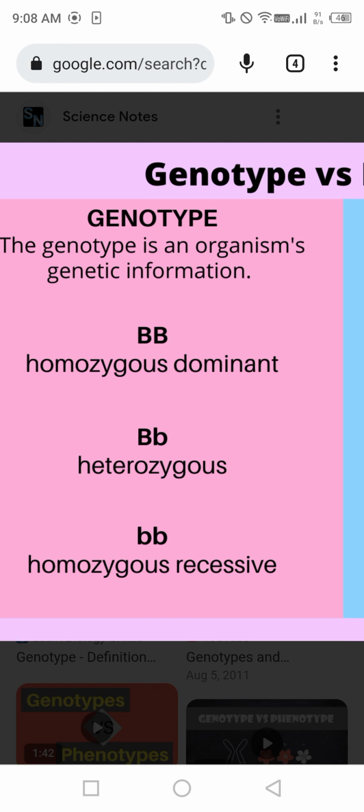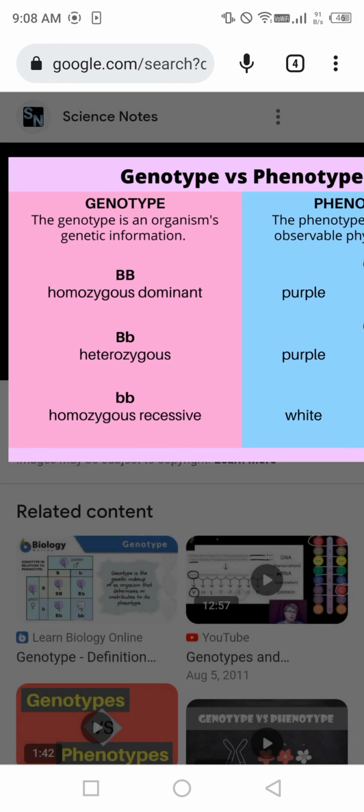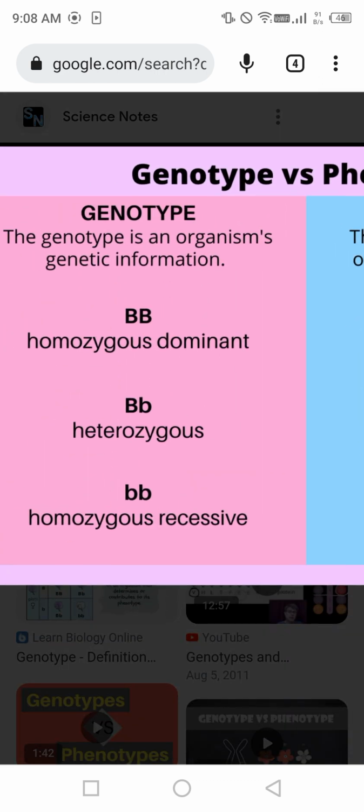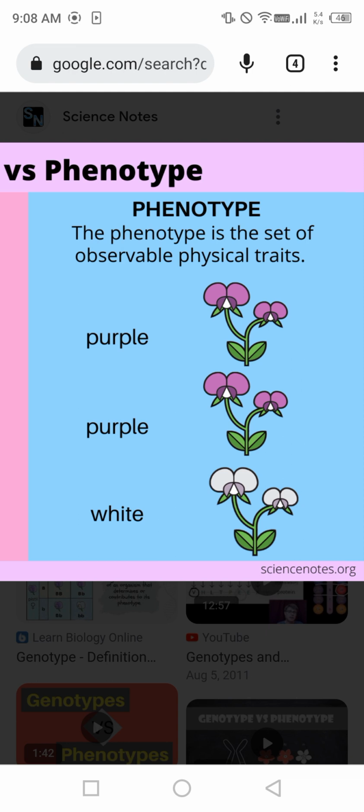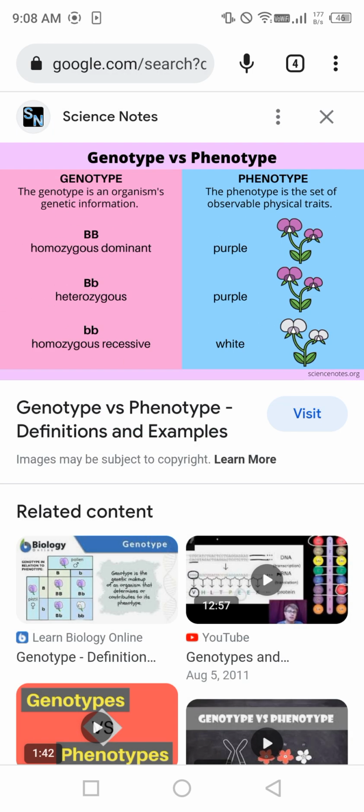If in someone's body the homozygous element is dominant, see what the characteristic or physical trait will be as the external appearance of a flower. See, it's totally purple on both sides, right? So if we have both BB, homozygous dominant, then you can see it's taking a purple shade.